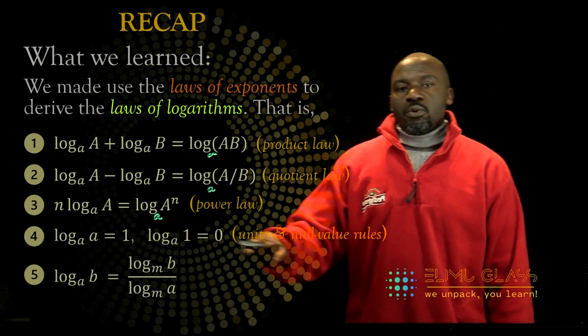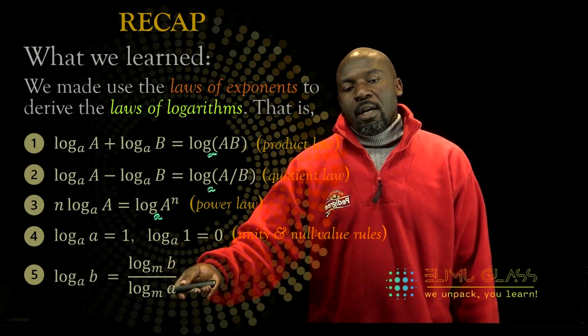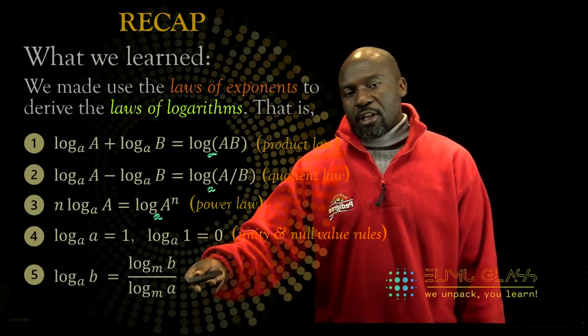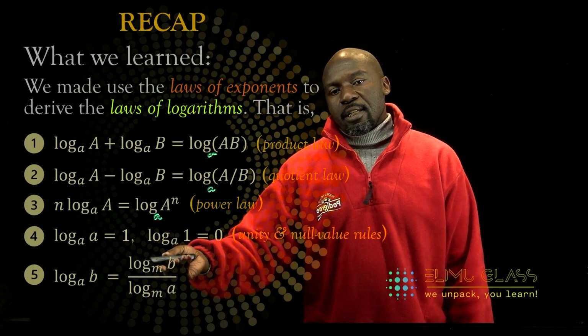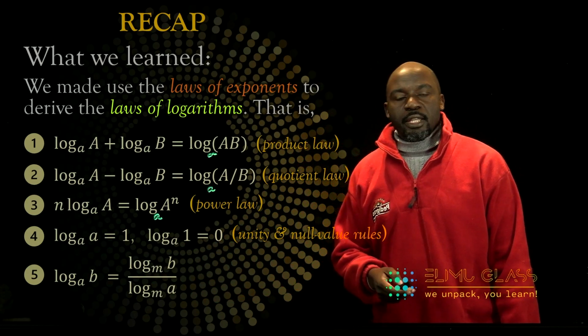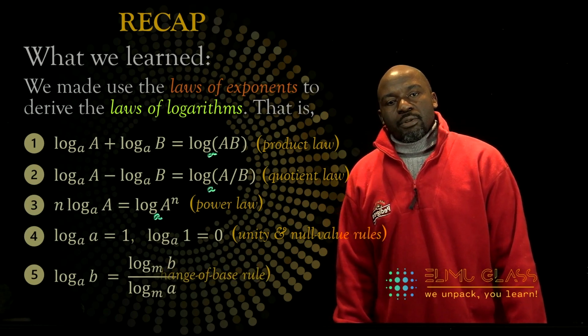Now, the way we choose the base, of course, in a calculation, when you're given a problem, the base that you actually choose will depend on the terms that you're given in that calculation. So you always try to change the base so that it is the same as the bases in the other terms that are available in the expression. All right, this is called the change of base rule.